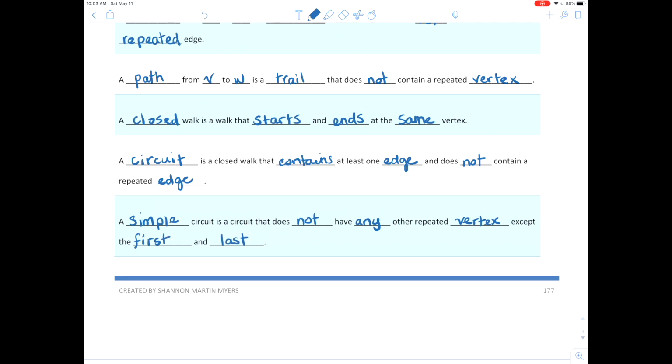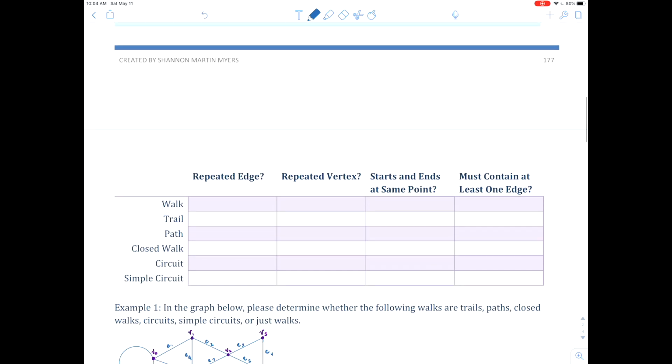Okay? Because remember, since a circuit is defined as a closed walk, that first and last vertex will always be there. But for a simple circuit, those will be the only ones that repeat. Okay? Because the first will be the last. All right. I'm sure you get that.